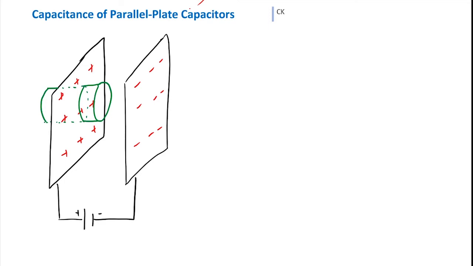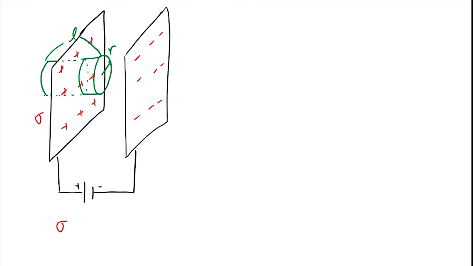I want this radius to be r and this length to be L, and we are given a charge density of sigma, of course. Sigma always is total charge divided by the area of the whole plate.